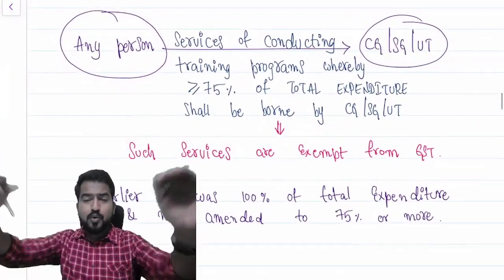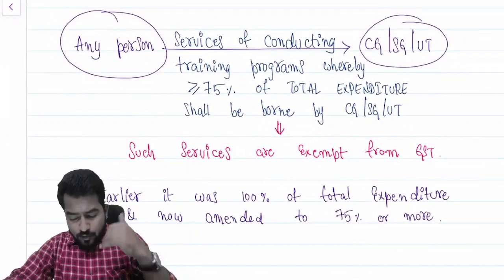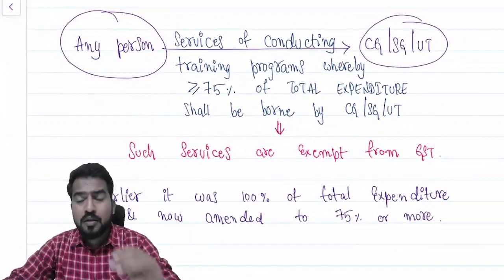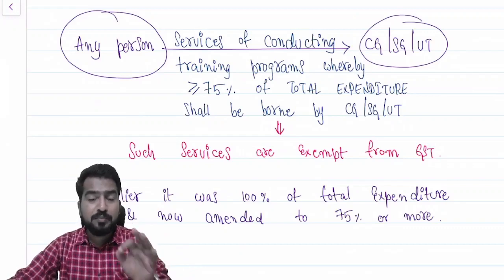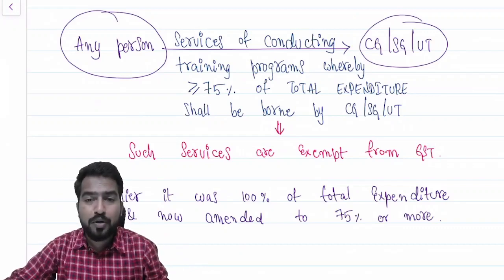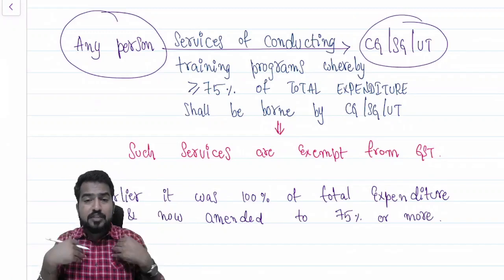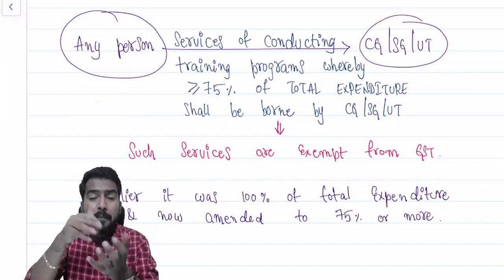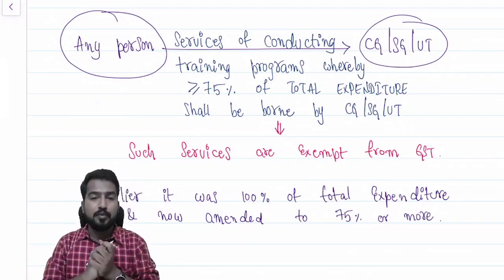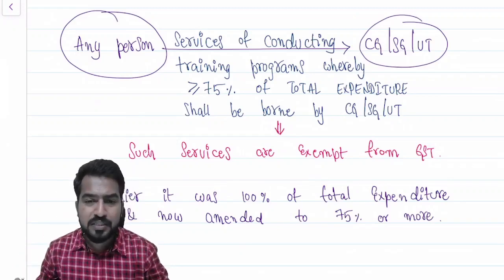any person who is conducting training programs where the entire expenditure of the training program was borne by the central government, state government, or union territory, then such a service provider providing services to the central government, state government, or union territory by way of conducting such training programs was exempt from GST.